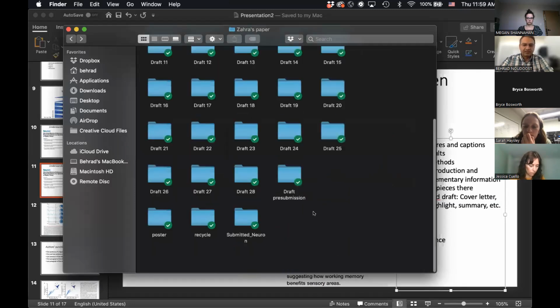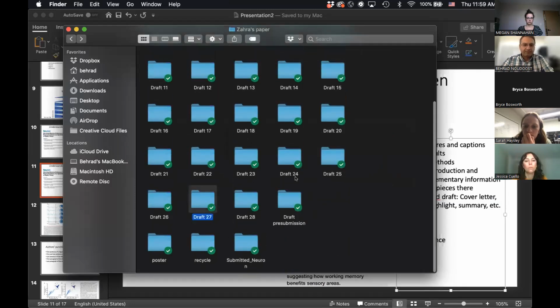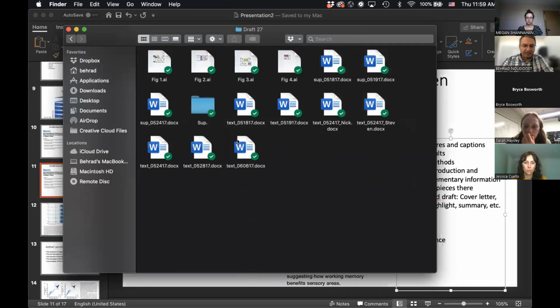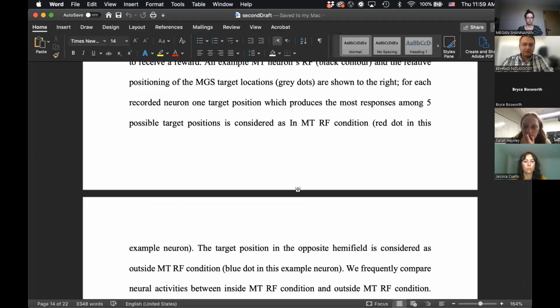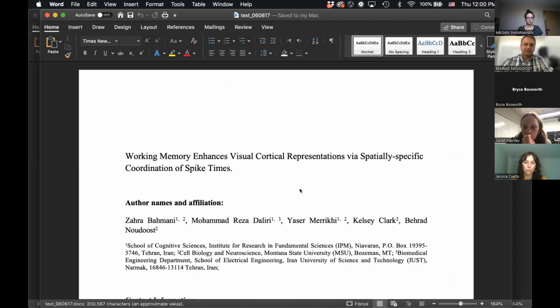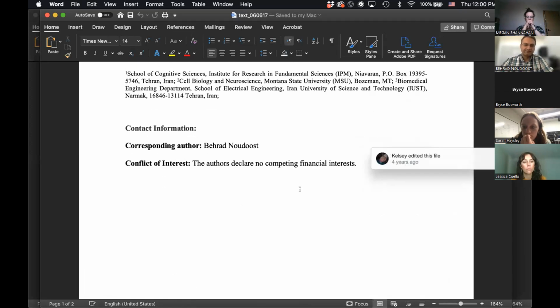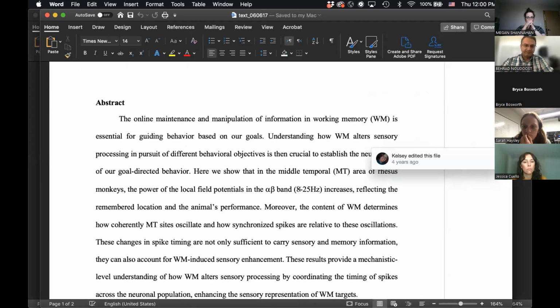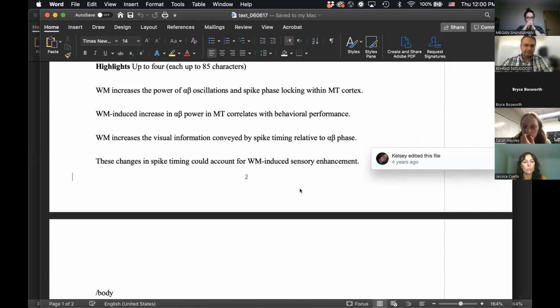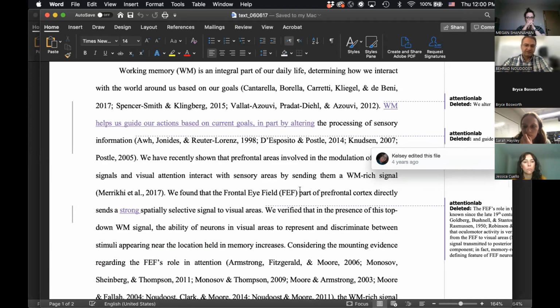Let's go take a look at it. This is probably the latest draft that's pretty much ready to be submitted. You can see how it looks. And so we have everything there.